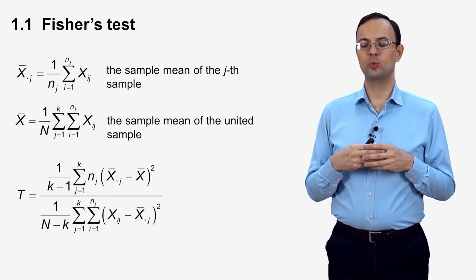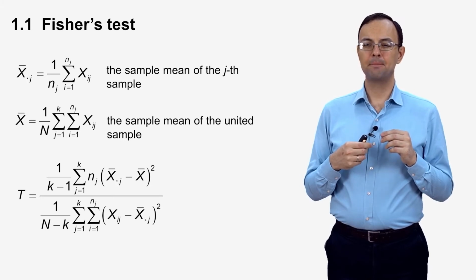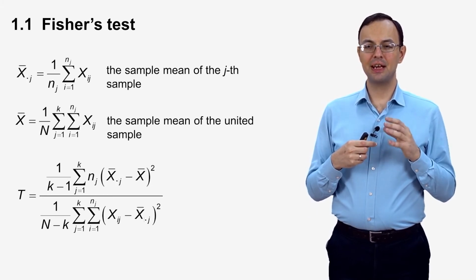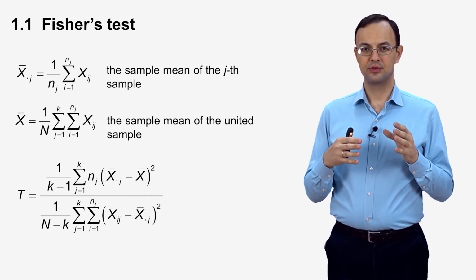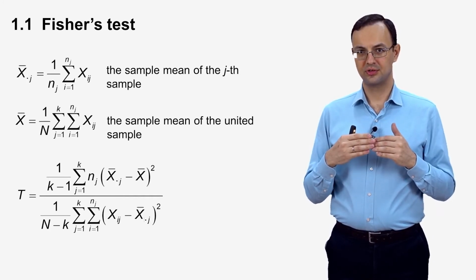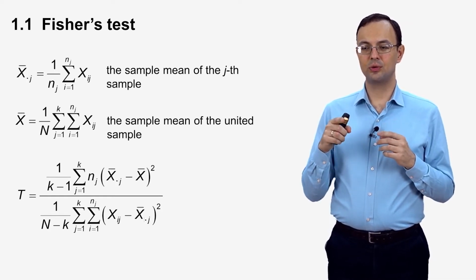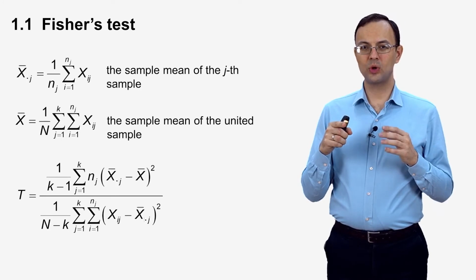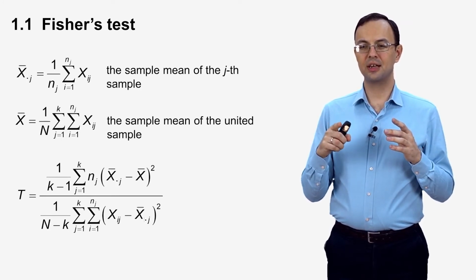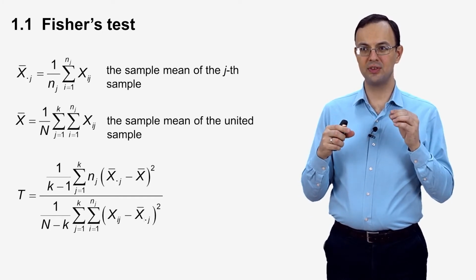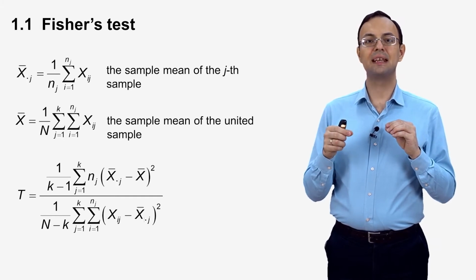What do we see here? In the numerator of this fraction, we see variation of the response between factor levels. You see, what is summarized here is a sum of squares, and what is squared? The difference between the mean for the jth factor level and the global mean.